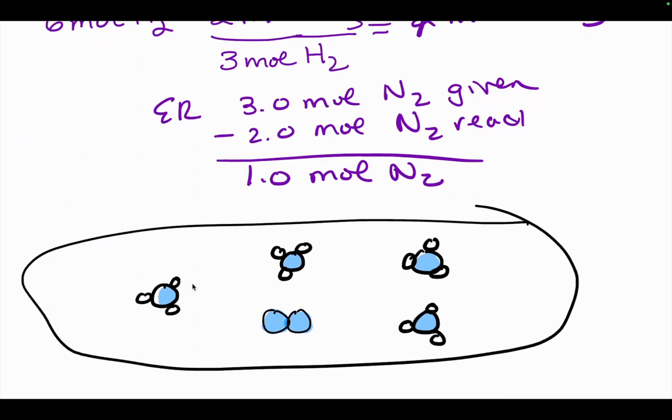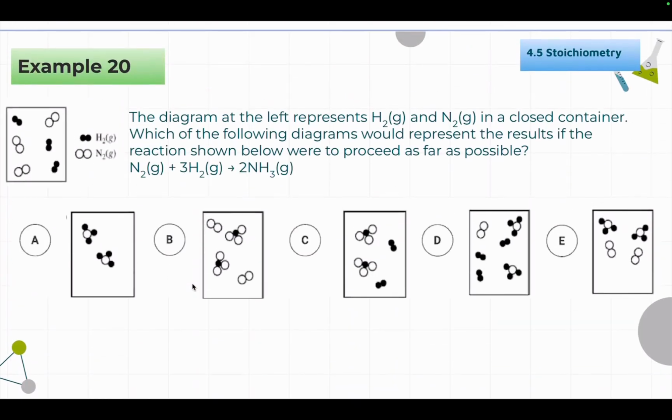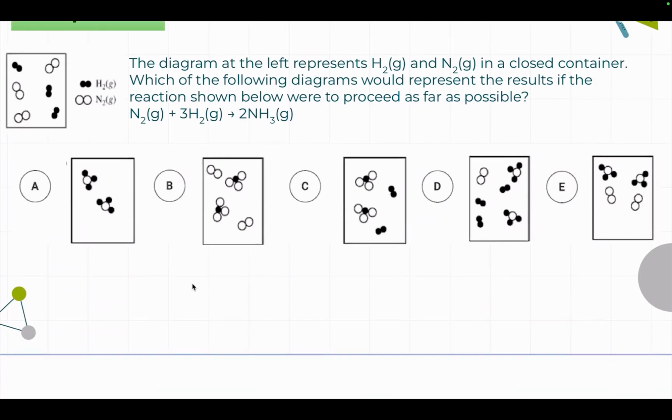All right, let's do another problem. Similar, in fact, very similar. So example 20, I highly recommend that you try this one and pause the video and then see how you do.